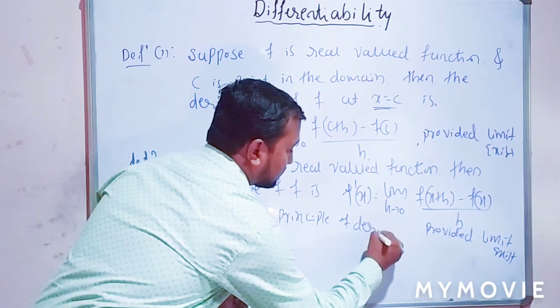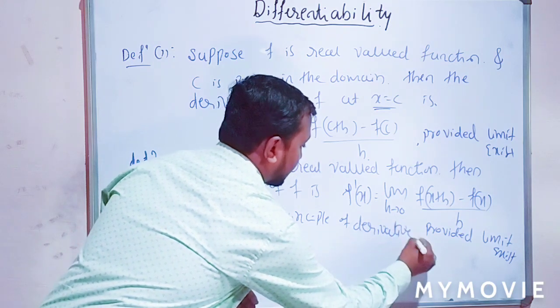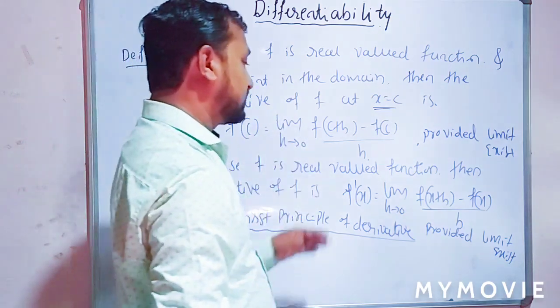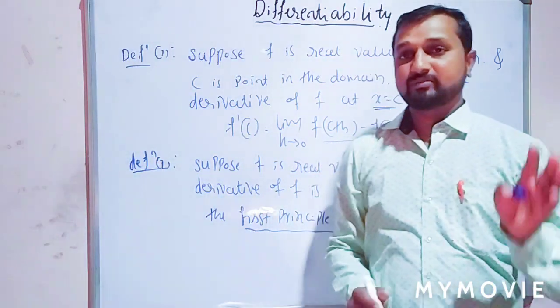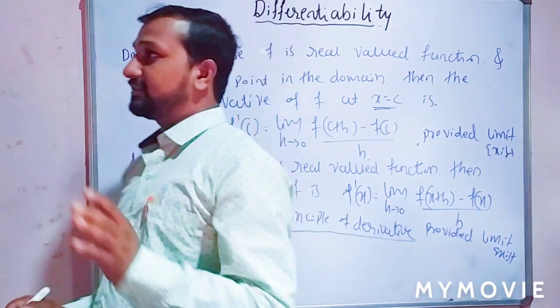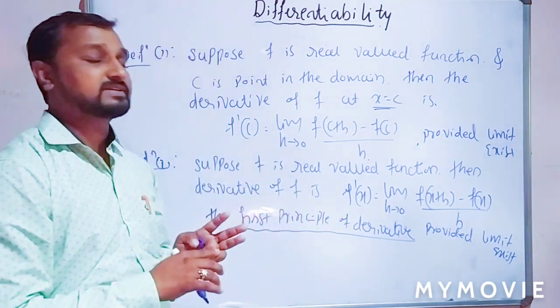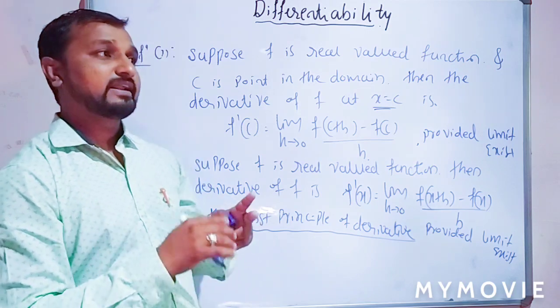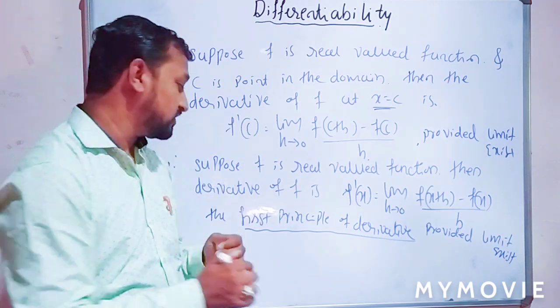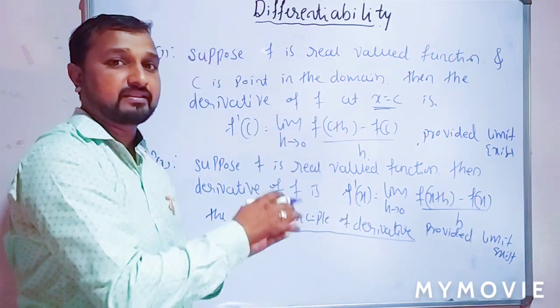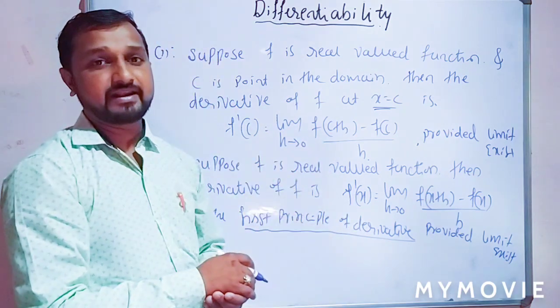By using the first principle of derivative, we find some standard formulas like the derivative of sin x, derivative of cos x, derivative of tan x, and so on. So the first principle of derivative helps to find the standard formulas of the standard functions.